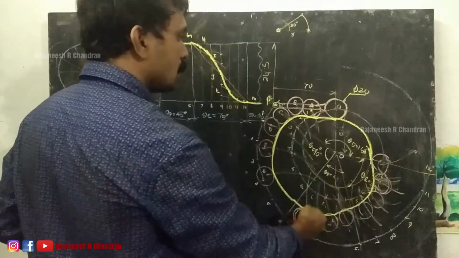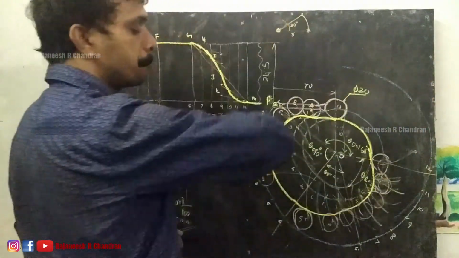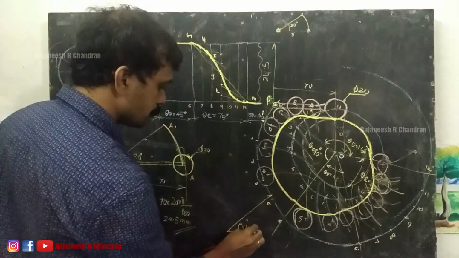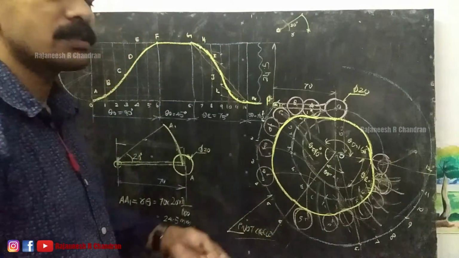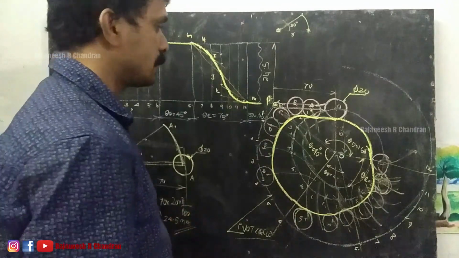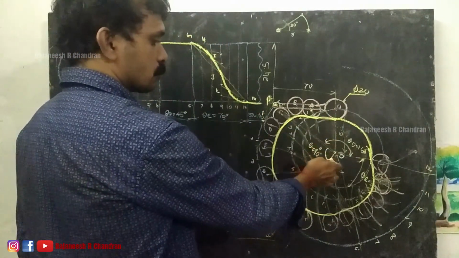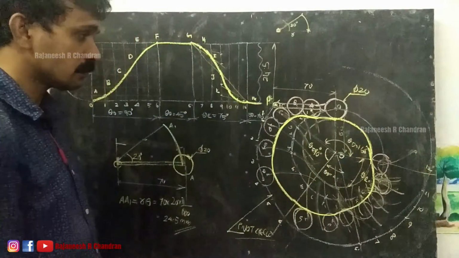Draw the prime circle and connect this point with O. Draw the pivot circle. Once these 3 circles are completed, keeping this line, mark the outstroke, dwell, return, and the balance dwell.